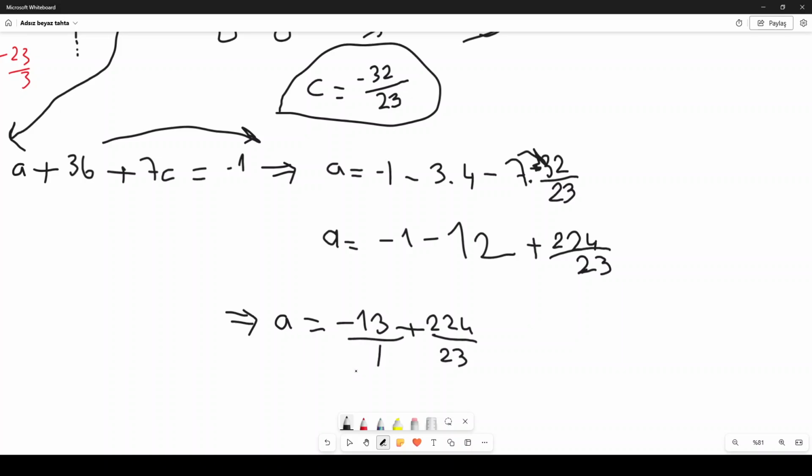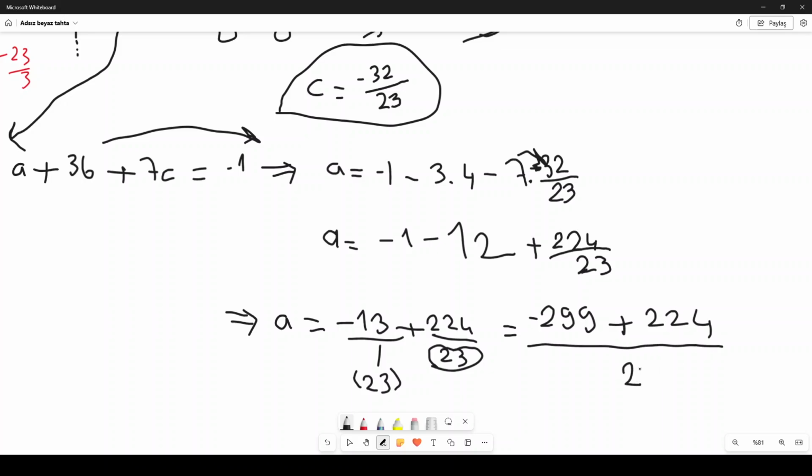And now again we need to equalize the denominator, so the denominator here is 23, and I just multiply that. Okay, and then what did we get? 23 multiplied by 13, let's think for a while. Minus 299 plus 224 over 23, right?